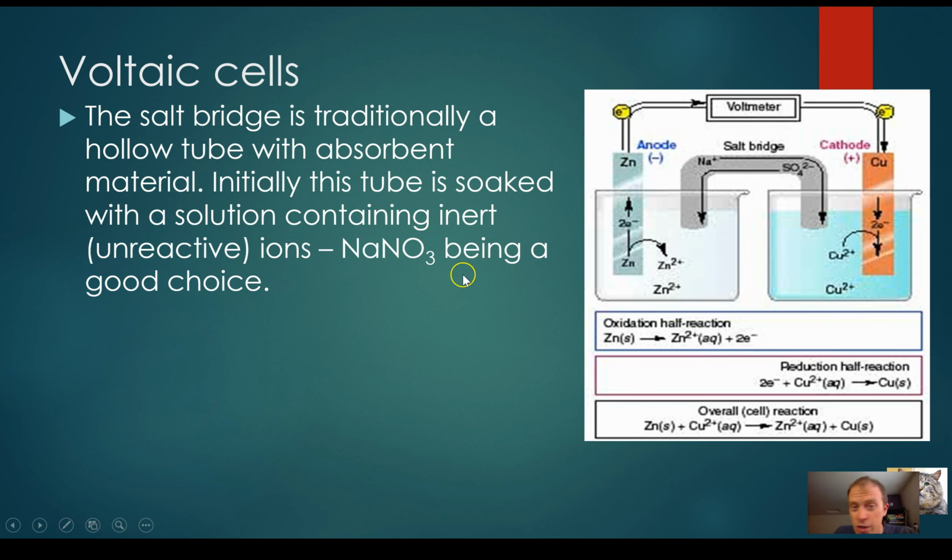You could use NaCl, though that's going to form precipitates with a few other things. It just needs to be something conductive. It can even be a strip of paper towel, as long as you soak it with something aqueous like NaCl.